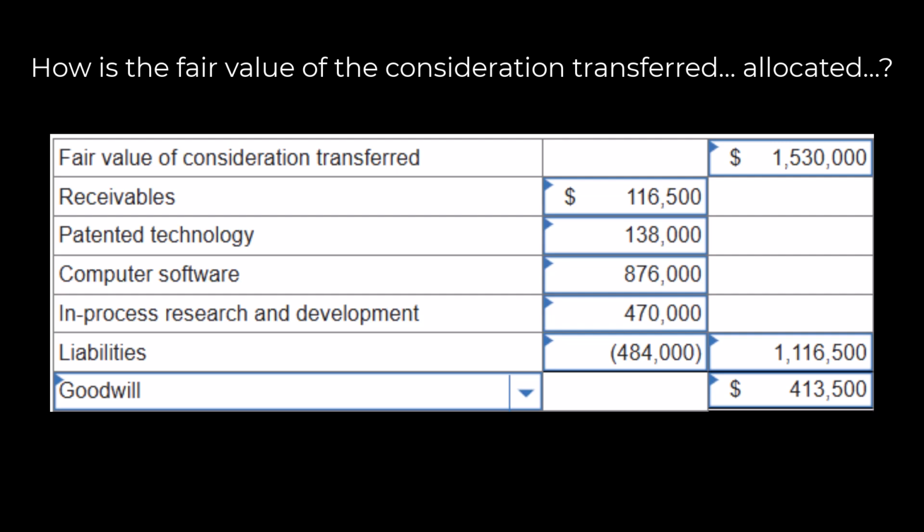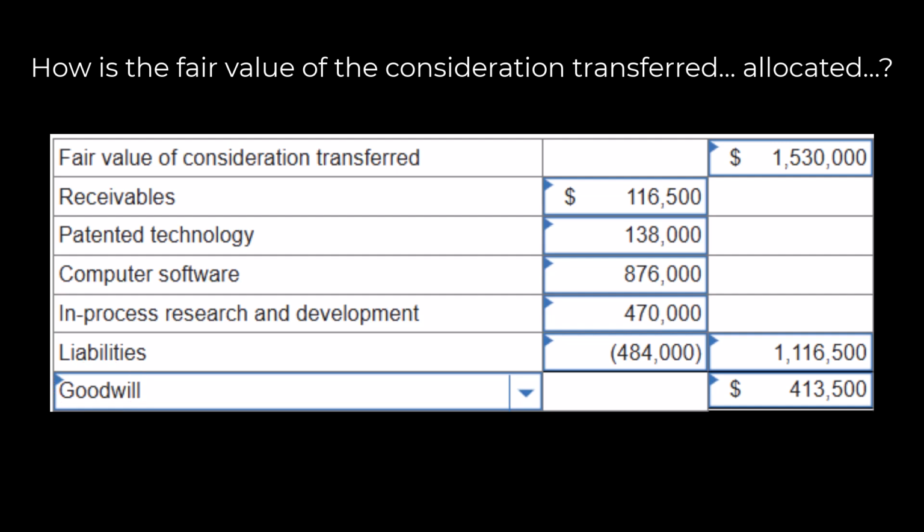Alright, here is the final, crucial step. The difference between what Patriot paid and the value of what they got is the premium. This premium is paid for all those valuable things we can't put a separate number on, things like brand reputation, a talented workforce, or expected synergies. In accounting, we call this premium goodwill.